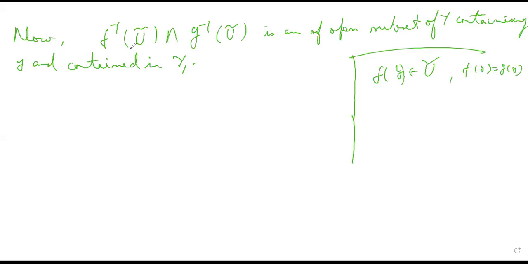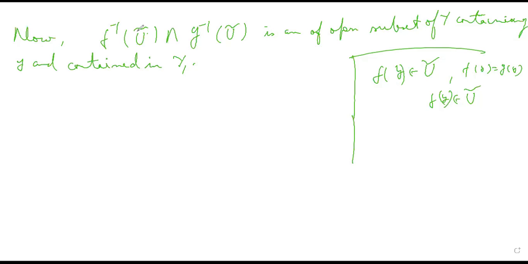It means that y belongs to both, so F inverse U tilde and G inverse U tilde both contain y. So this is an open subset of Y and small y belongs to this.